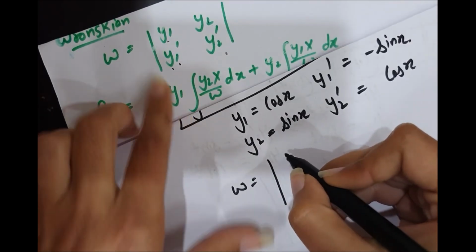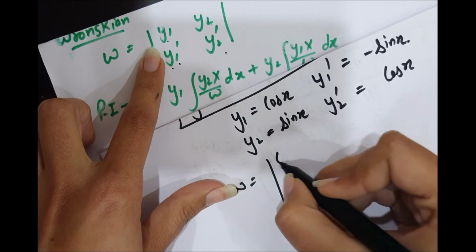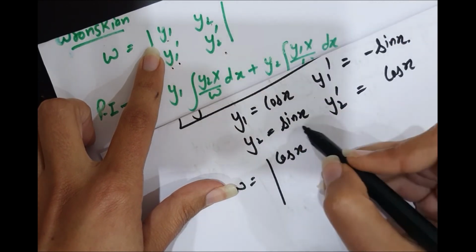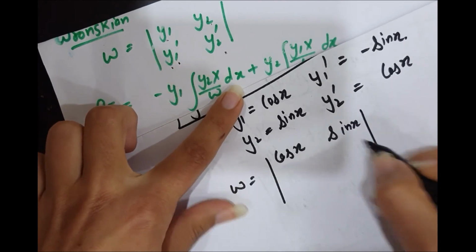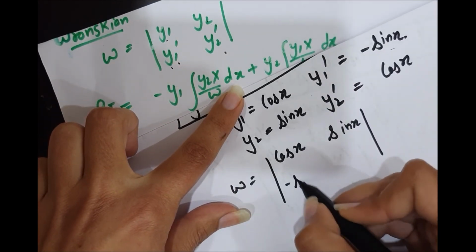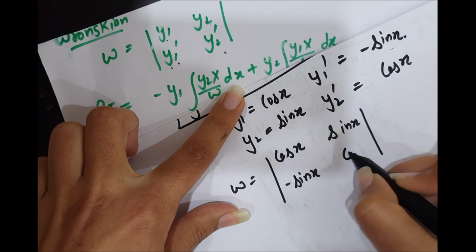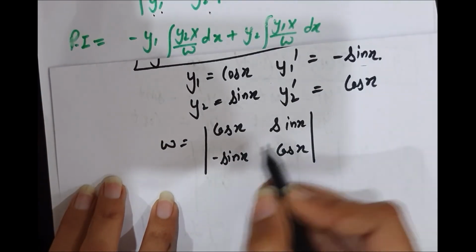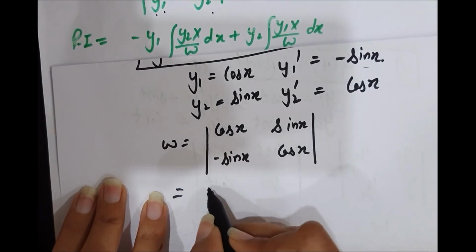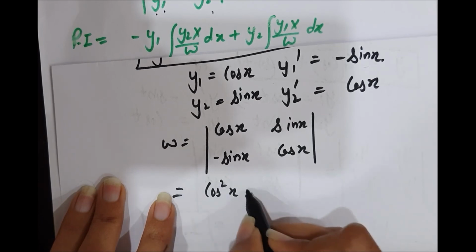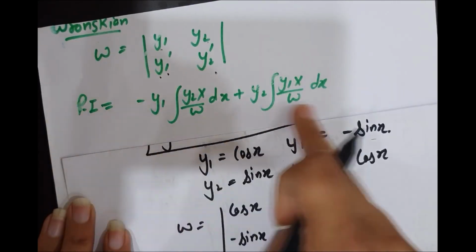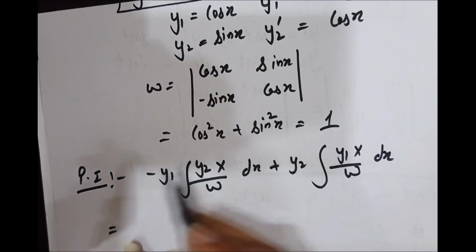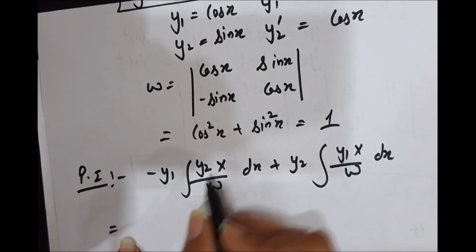It comes out to be y1, that is cos x here, y2, that is sin x here, and the differentiation of y1. Now take its determinant, you get your Wronskian. This is a way to find the particular integral. Just put values and you will get your solution.